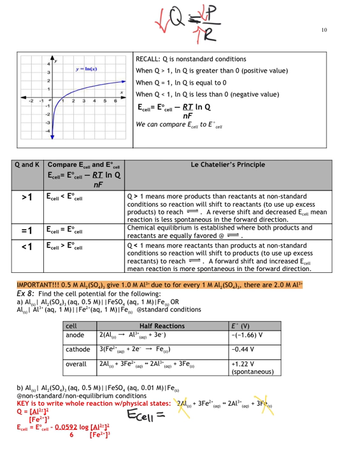Now E standard was found to be 1.22 volts. Now I'm going to subtract the concentration, or my negative R, so 8.314 joules per mole times Kelvin, and then my T is 298 Kelvin.